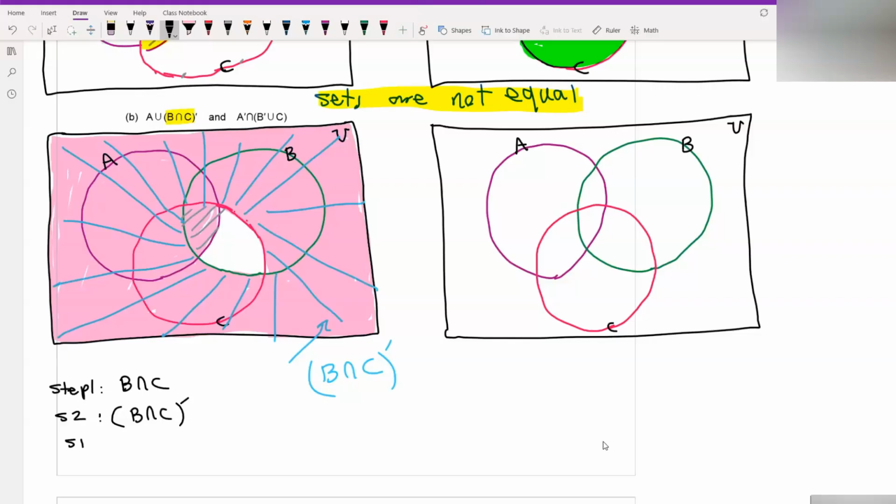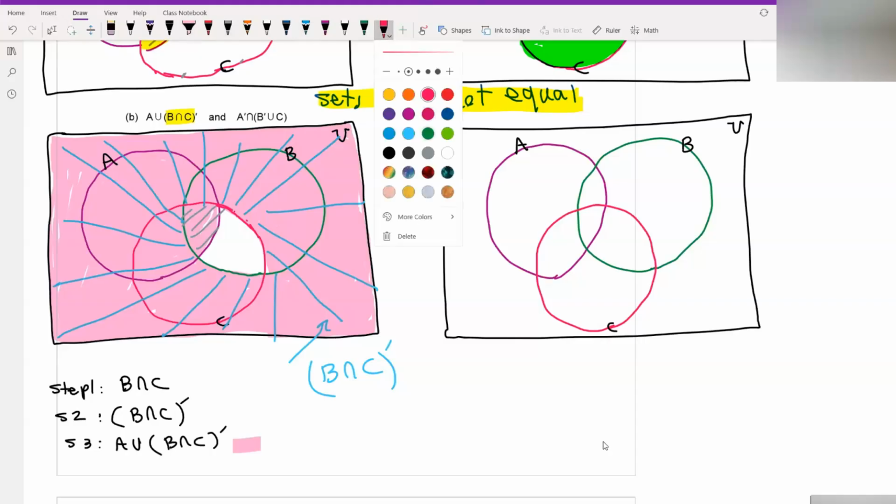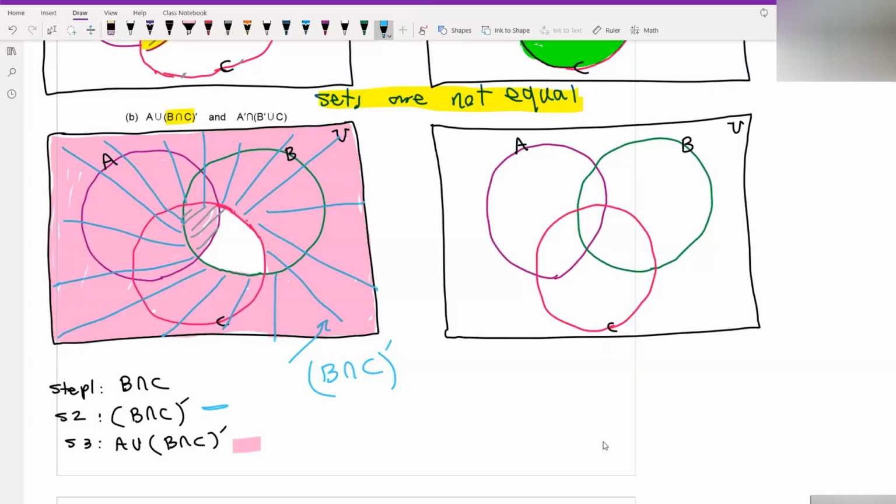And finally, step three. So I use this color for upward. I used blue. And this one was gray, but you can't see it right now.